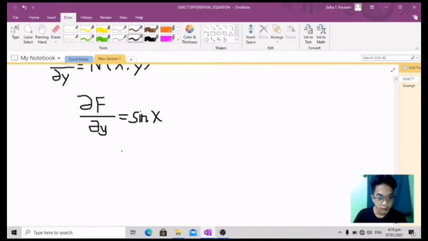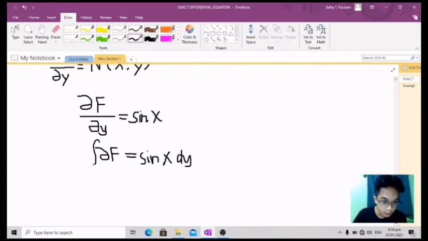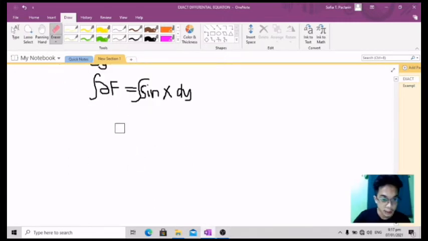After this, cross multiplication, partial derivative of f is equals to sin x dy. After this, we tend to get the f, which is the solution of this dE. So we need to integrate both equation. So we are now arriving to the solution f.